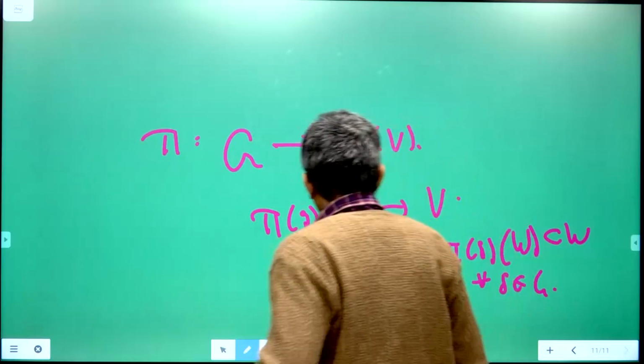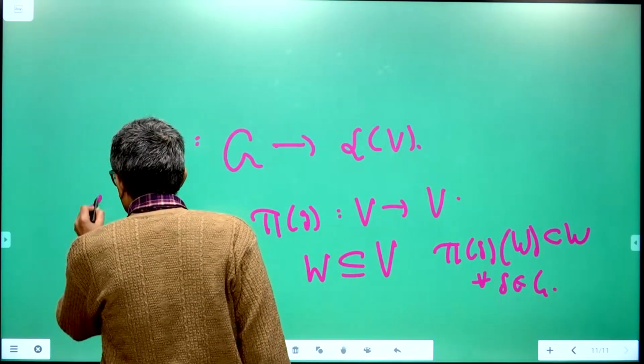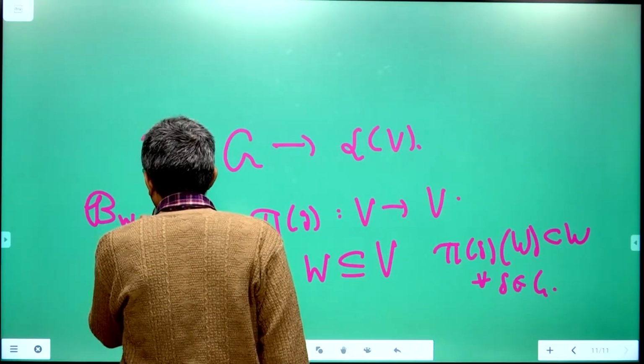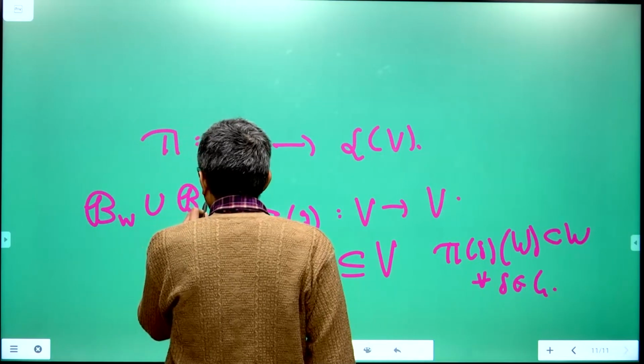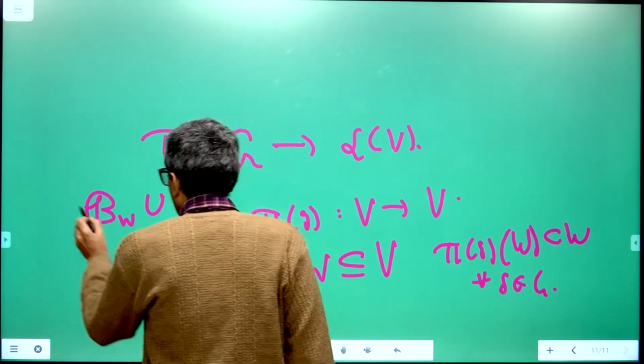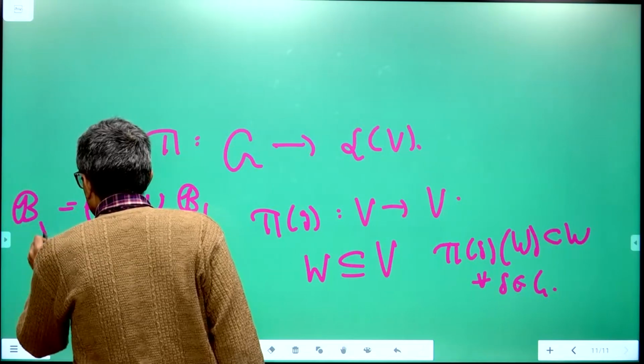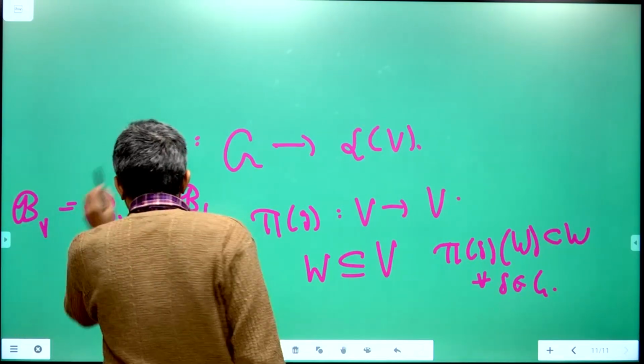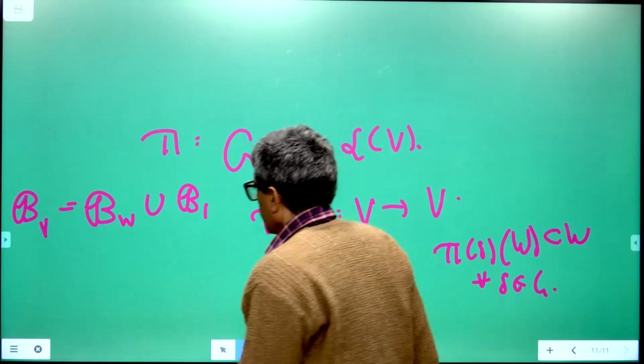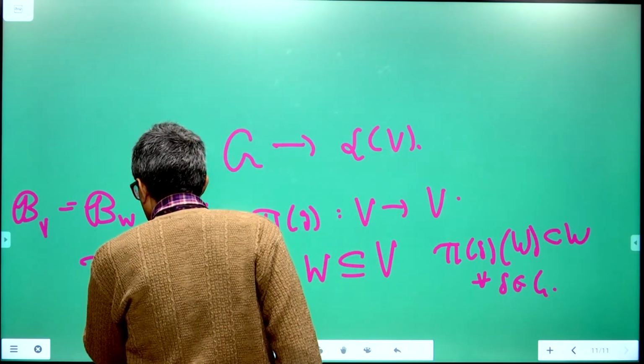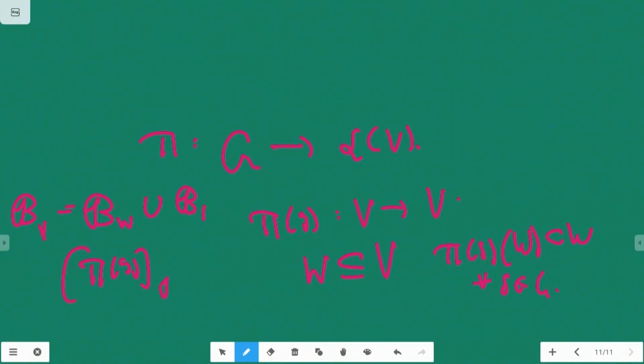That means pi g sends any vector in W to another vector in W itself for all g belonging to G. If it is an invariant subspace, then you can choose a basis for W and extend it to a basis B for the entire vector space V. Now relative to this basis, what will be the matrix of pi g in the basis B?